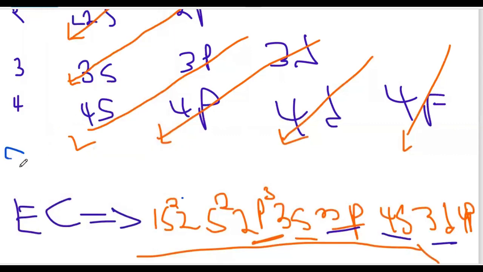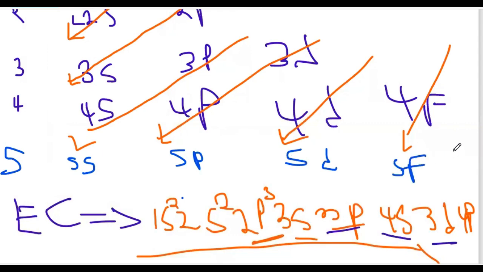If we have 5 there, it means we're going to have 5s, 5p, 5d, 5f, and 5g. So what configuration are we going to have? After 4s, you have to go to 3d.